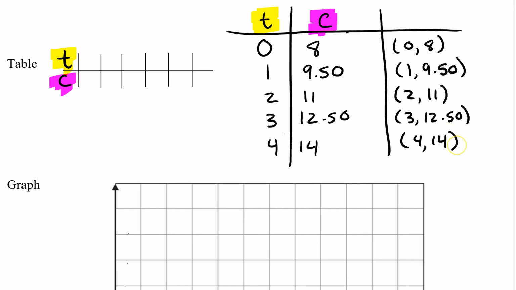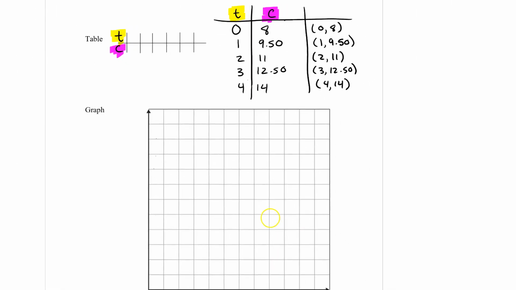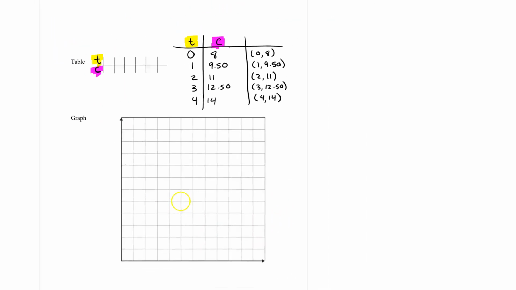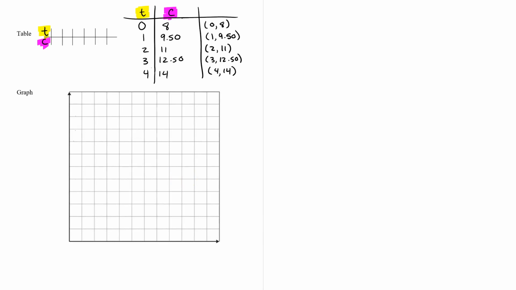So now I know what points to plot. So I'm just going to keep both of these things in view here. Here I'm going to write down my number of toppings, and vertically I'm going to put on the scale the cost.